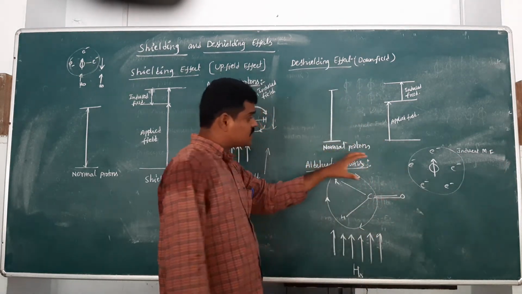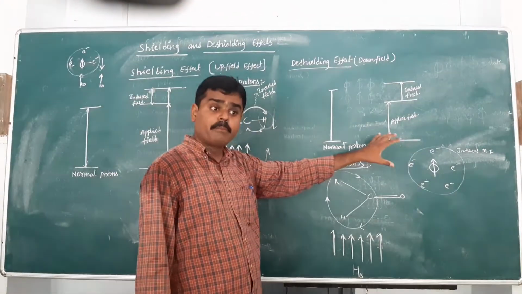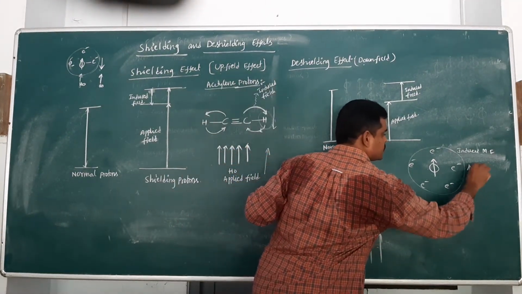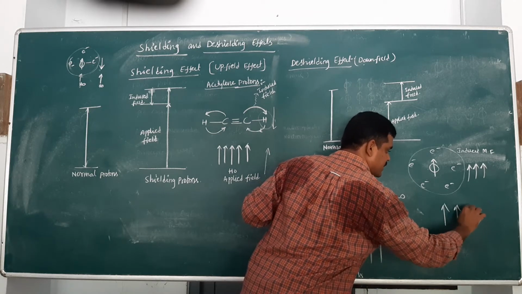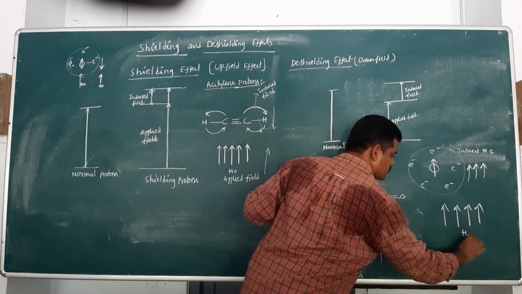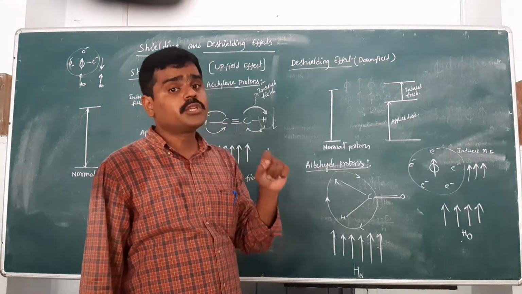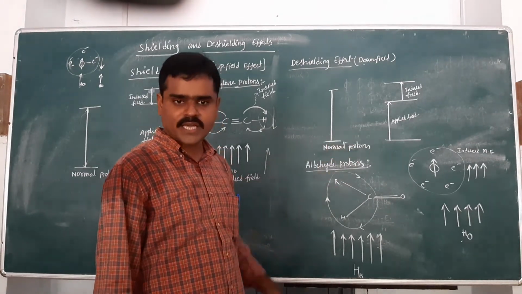This induced magnetic field is reinforcing, that means parallel to the external magnetic field. This is the direction of the induced magnetic field, and this is the direction of the external magnetic field. So the external magnetic field and the induced magnetic field due to electrons have the same direction.